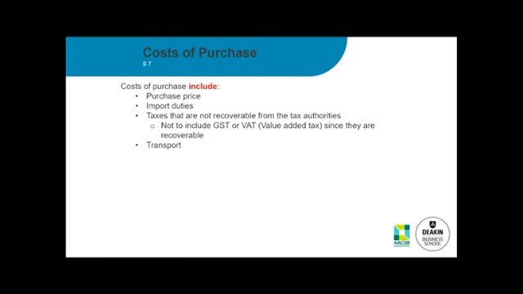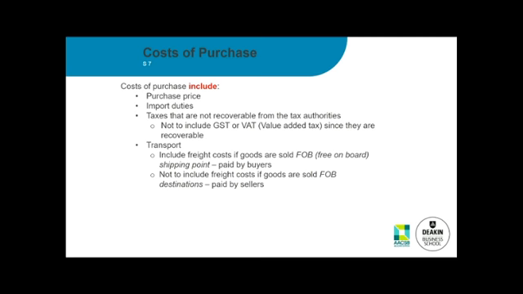Any transportation costs, and there will be an example of that in the student exercise that we go through today. Freight costs, for example. If goods are sold free on board shipping point and paid by the buyer, they are included, or not included if the freight costs are paid by the seller.